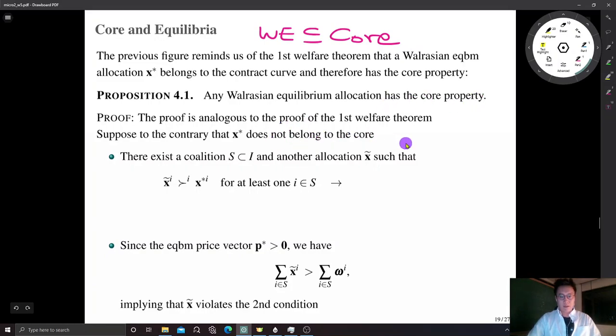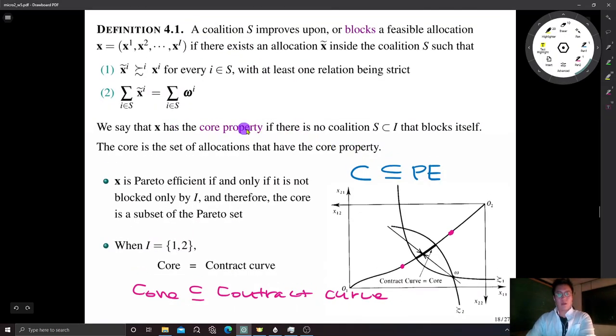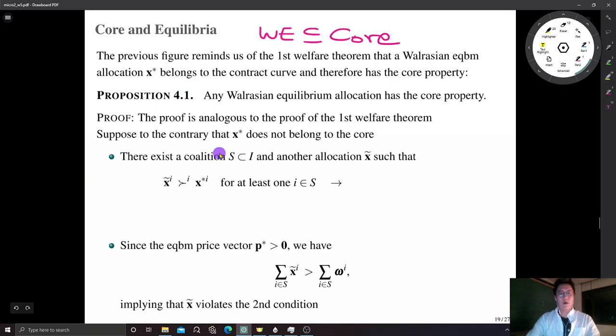That means there is a coalition S that blocks the equilibrium allocation. So there exists a coalition S and another allocation X tilde.